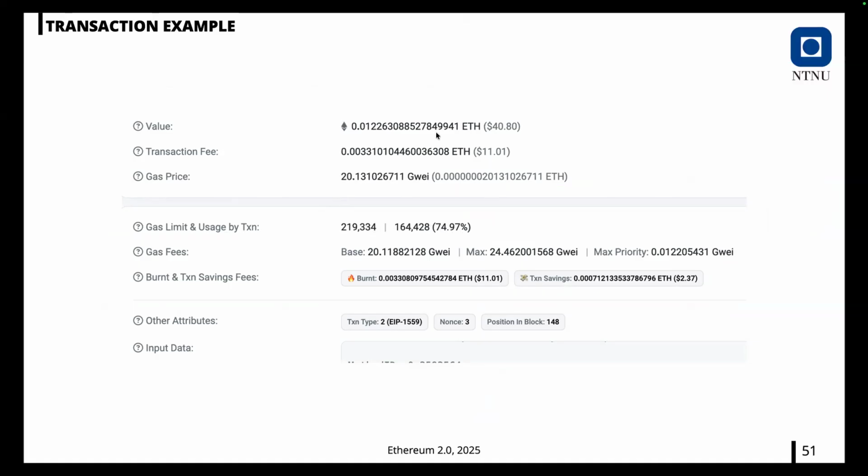So the remaining was locked, but it was not burned. The prediction should always be a little bit higher than the actual usage, because otherwise the contract cannot finish computing, and then it will be canceled, and the transaction will not happen, right?